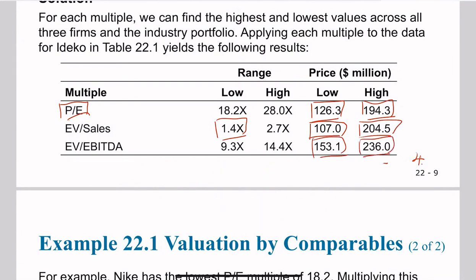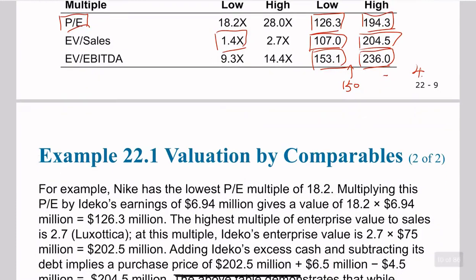Depending on what kind of ratios you want to use, you will have a range of prices for the acquisition. And you can see that this 150 is sort of in the middle, so it's actually a fairly reasonable price, at least from the perspective of using valuation ratios.